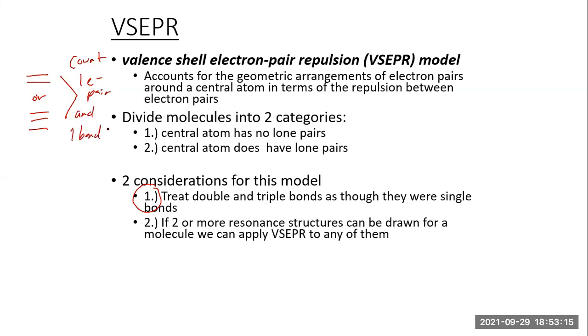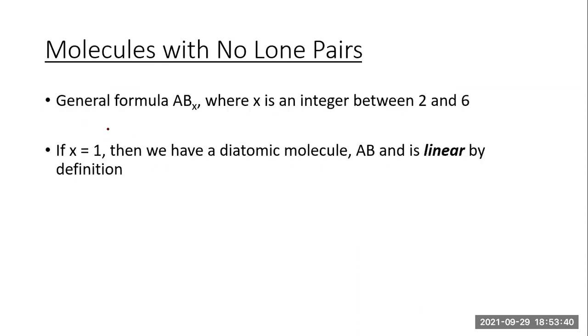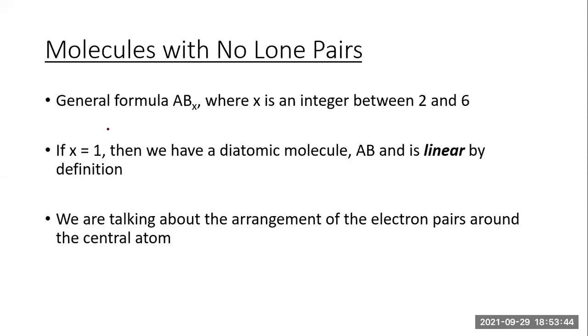So one electron pair and one bond is what we treat double bonds and triple bonds as. Even though there's more electrons, they are essentially thought of as moving basically as one. So that's the major important thing to keep in mind, and we do that only when we're doing this geometry here. A double bond and triple bond basically counts as one.